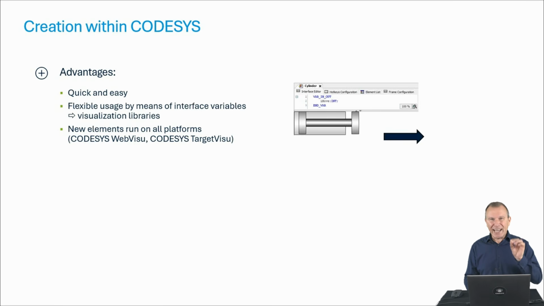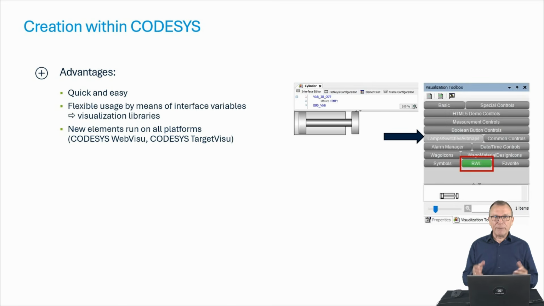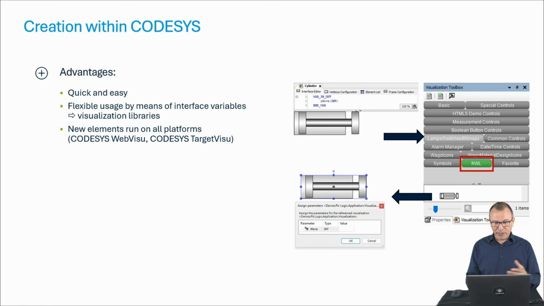The main concept, the main tool for that is the so-called interface editor of the visualization box, which you can open and close, and in which you can then add variable names that you can reference then in your concrete application. So I did that for this small cylinder and saved that in a library called RWL. And as soon as this library is imported into my project, I have this small cylinder object available and can then reuse it in my new PLC application and the according visualization.